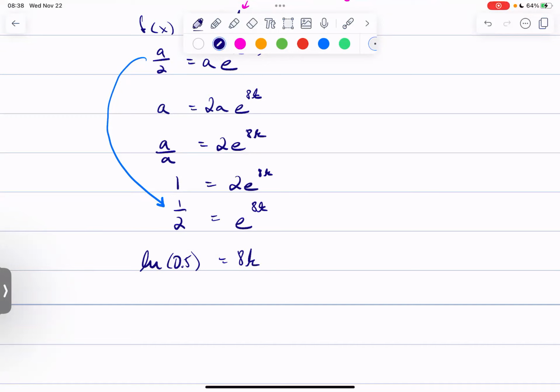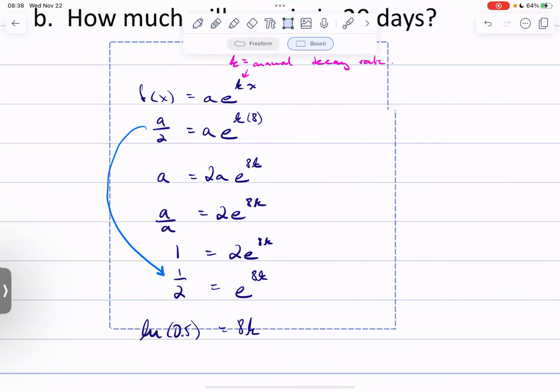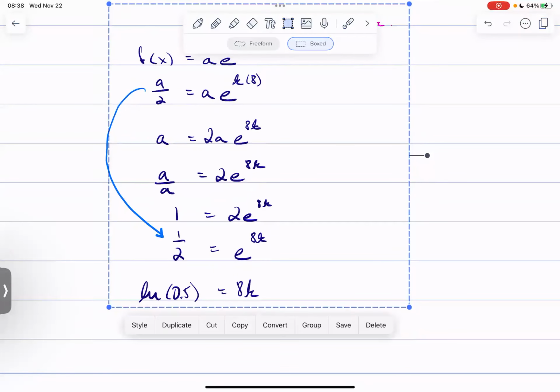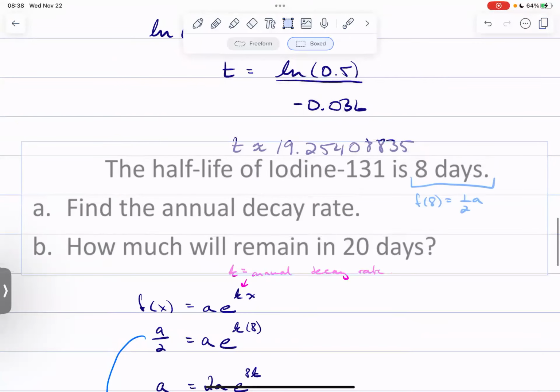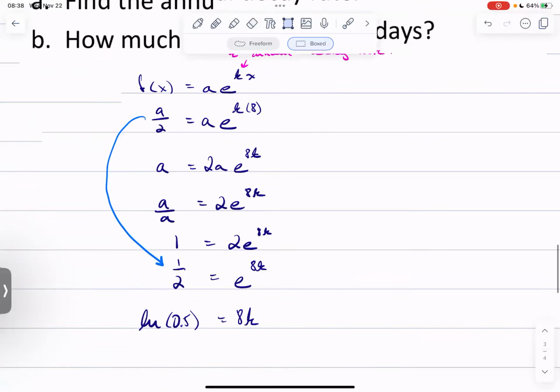K is going to be the natural log of 0.5 divided by 8. But I'll give myself one more line, or try to. There, I did it.